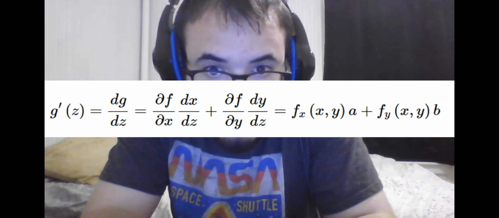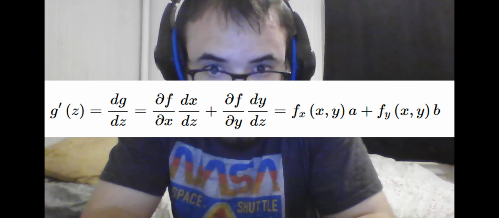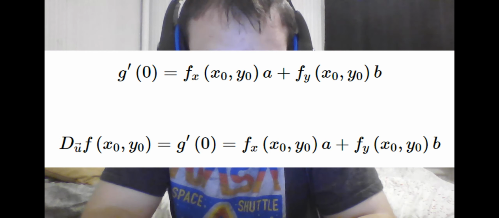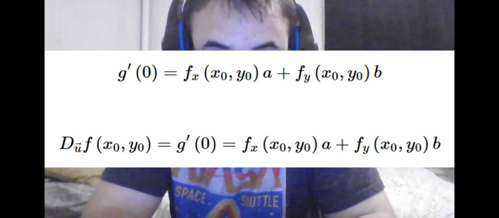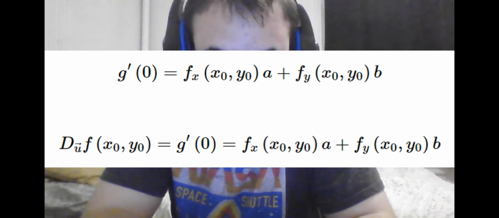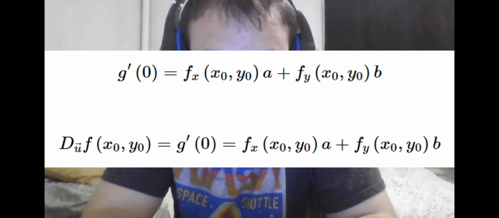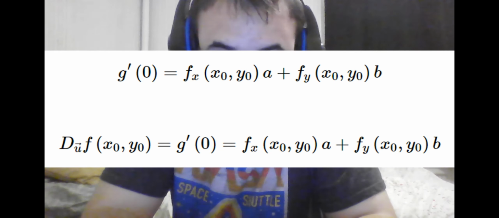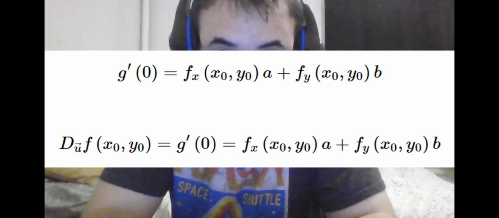So now we take the derivative of g at 0 by rewriting the x and y into x subscript 0 and y subscript 0 in the partial derivatives, and we conclude that we can generalize this into the directional derivative of a function equals the partial derivative of one variable times the change in the variable relative to the output z, and we add that and get the same result for the second variable.